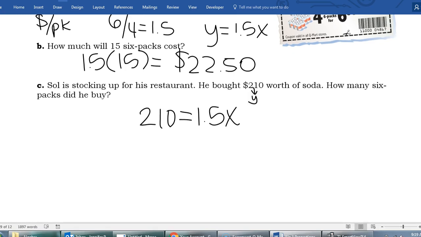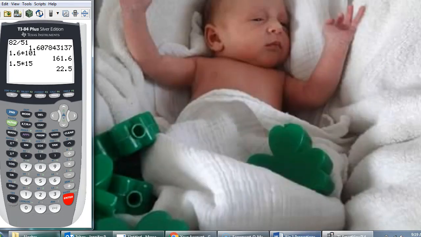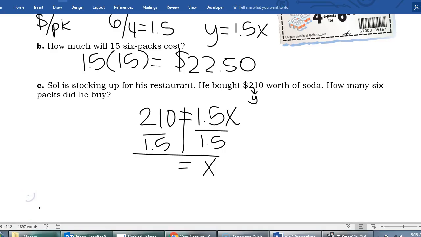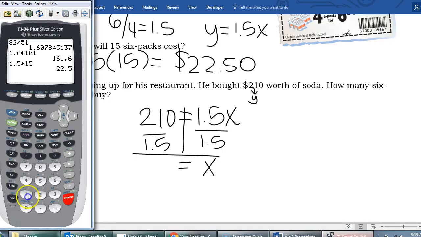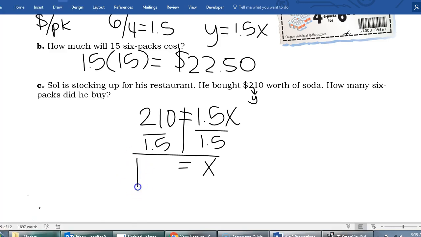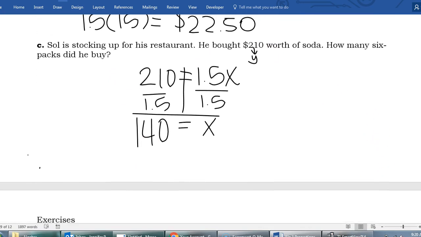For solving these using our standard solving methods, we want to divide both sides by 1.5, and that tells us the value for x. And that is 140 packs of soda.